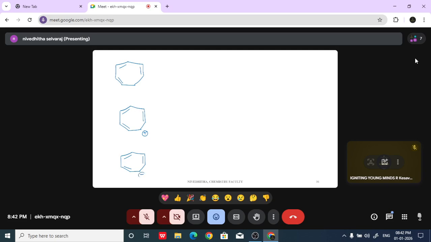So we'll name this compound. Since the compound is in a ring structure, it is cyclo. Since we have 7, the term is hept. And I have 3 double bonds, so it is triene. So it is cycloheptatriene.